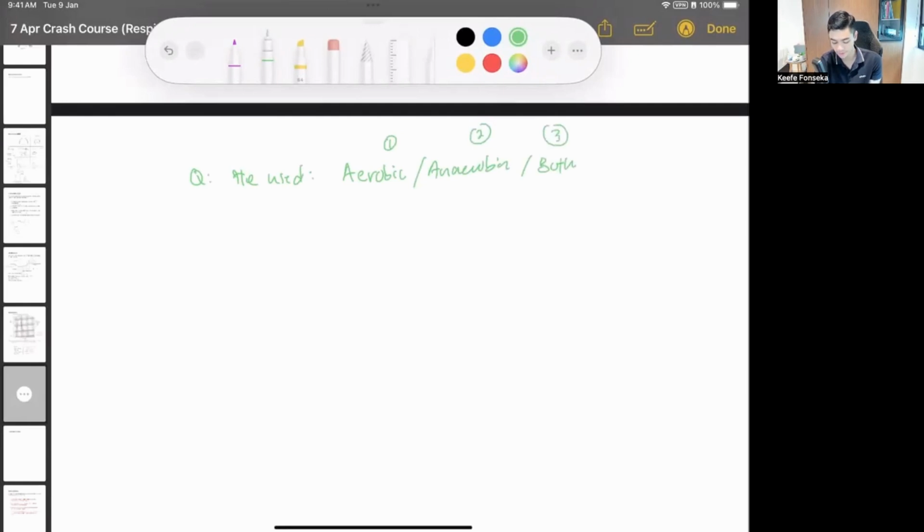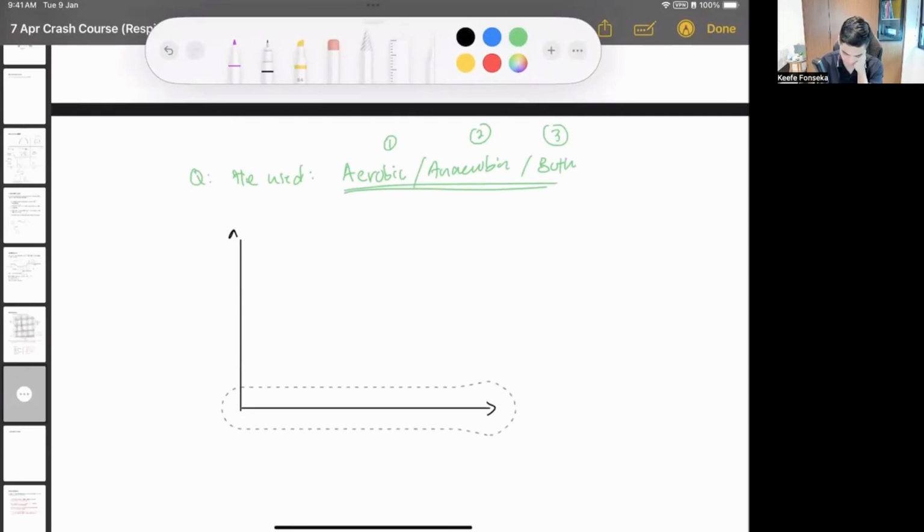Okay, so you send your answer 1, 2, or 3. Do you think he used aerobic only, anaerobic only, or both? Oh, good job. Most people got it correct. Okay, the answer is both, actually.